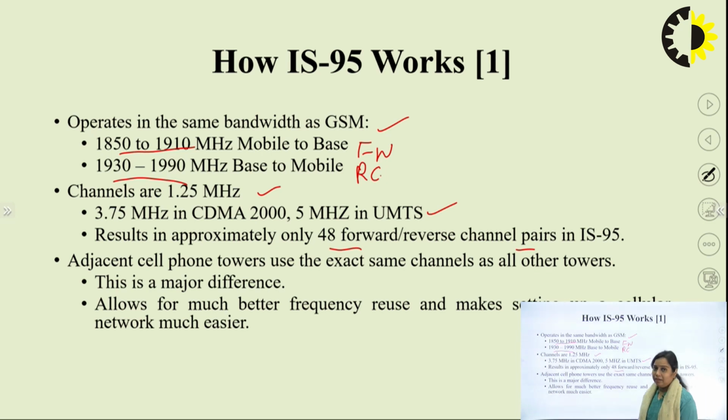Next, adjacent cell phone towers use the exact same channel as all the towers. This is a major difference between GSM and CDMA. In case of GSM there is a problem of adjacent channel interference or co-channel interference.